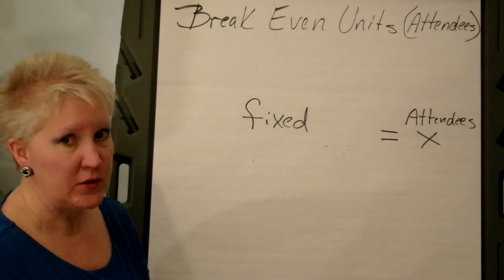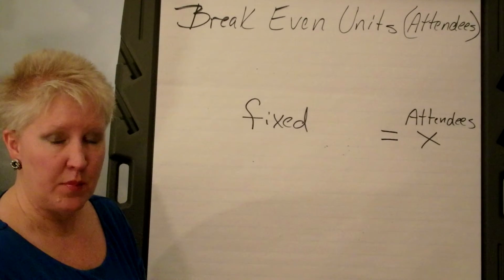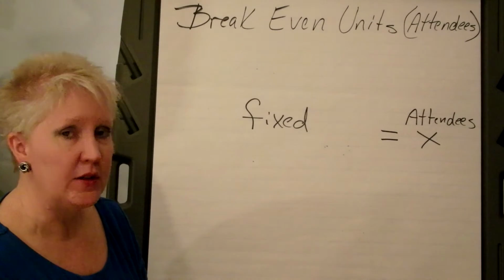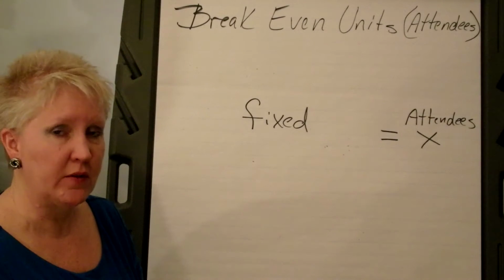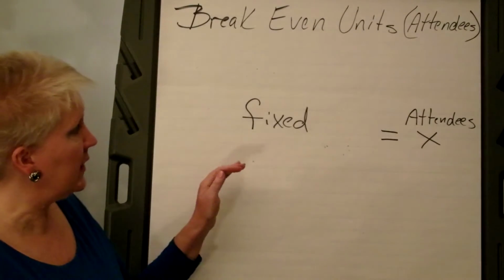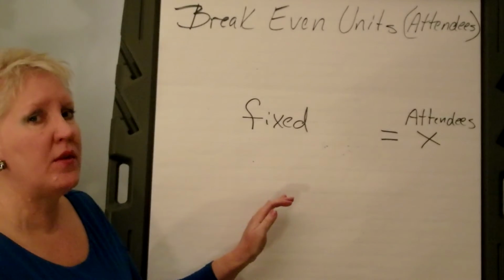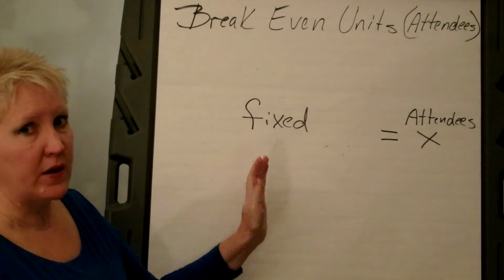So let's talk about the registration fee for a minute. The registration fee is made up of a mixture of how much each attendee has to pay to cover the fixed cost plus the variable cost for each individual to come. So what we have to do here is, we know we're doing something with the registration number and the variable cost. We're trying to cover our fixed costs.